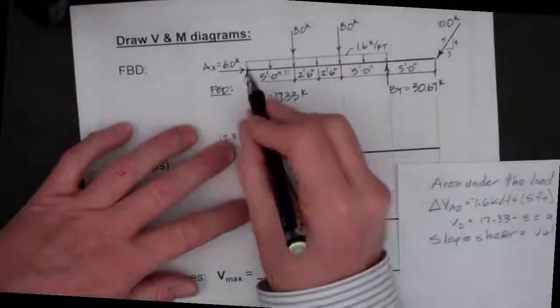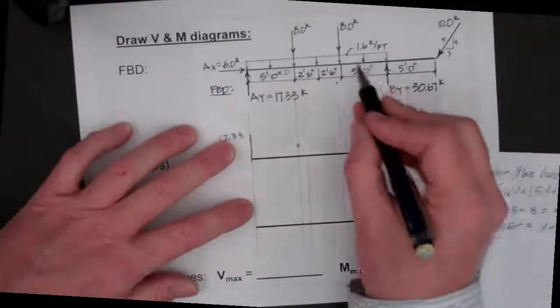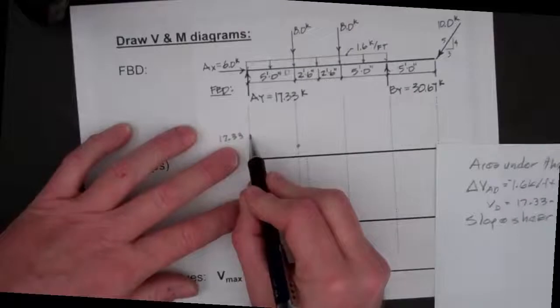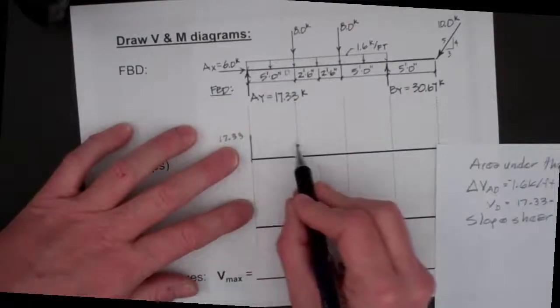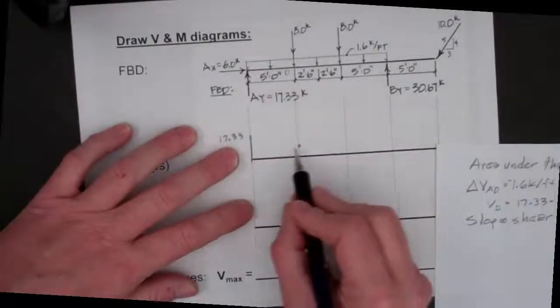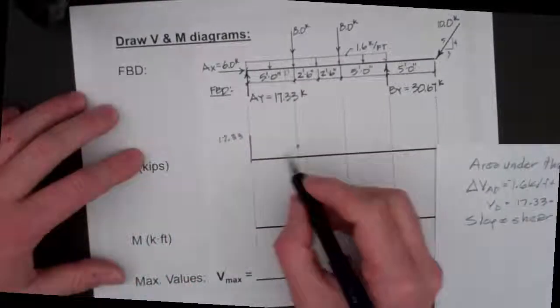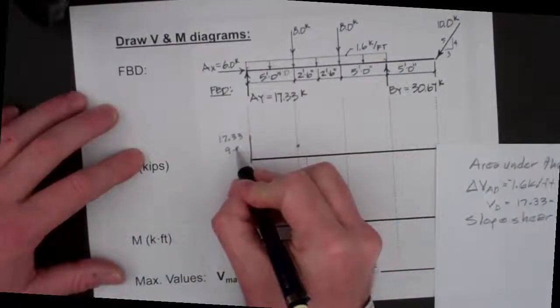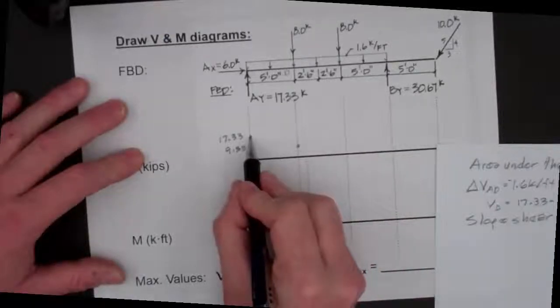In our case, the value of the load is a constant 1.6 kips per foot, which means the slope is a constant 1.6 to get down to our point of 9.33 kips. So it's going to be a straight line, like the constant distributed load from the free body diagram.